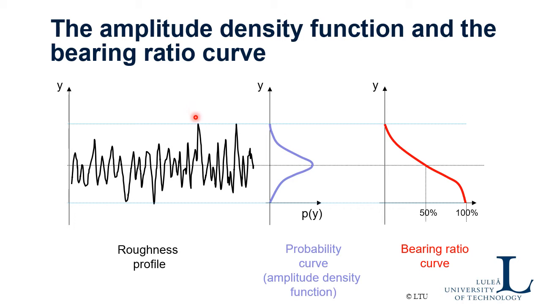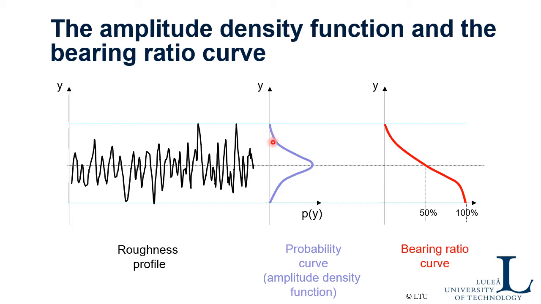You come down here, and eventually you touch the surface, then the probability starts to increase from 0 to something else. Around the mean line you have maybe the biggest probability, and then you go down through the profile and eventually find the lowest value, and below that there is no probability to find the surface anymore. So this is your amplitude density function, or the probability curve.